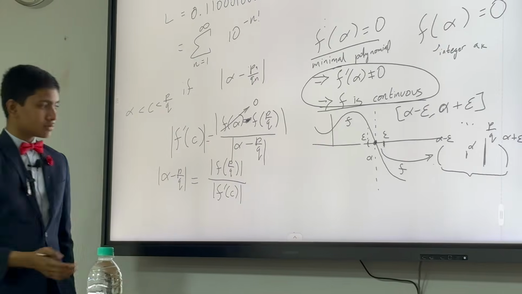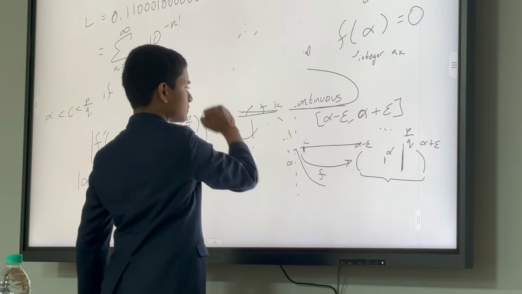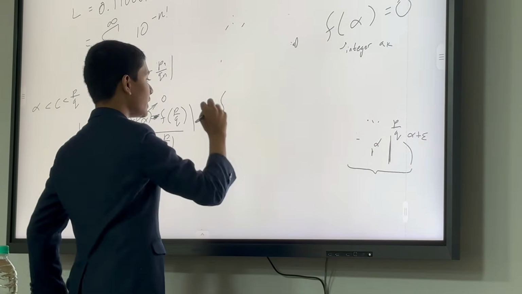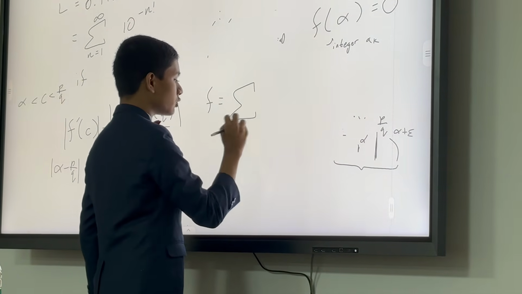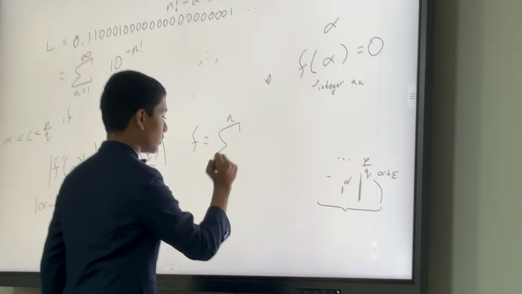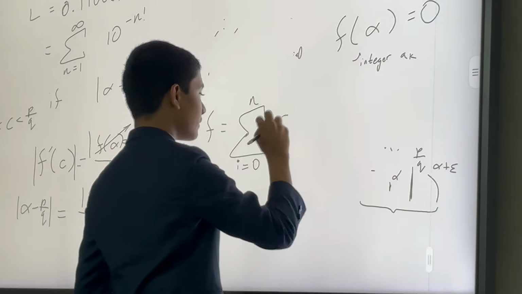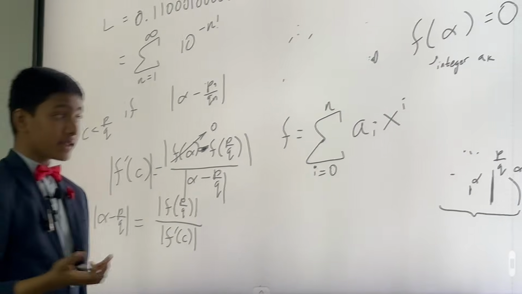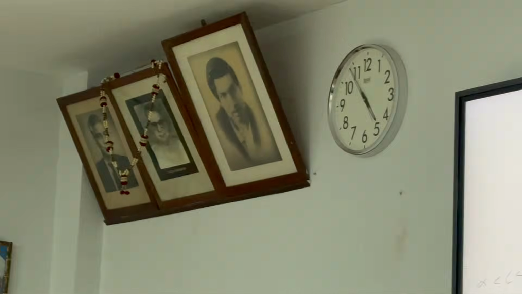And now, what is f of p over q? Well, consider that since f can be written as some polynomial, let's say from i equals 1 to, let's say it has degree n, or i equals 0, that's what a polynomial looks like, of a_i x to the i, then if we plug in p over q, we get a_i p to the i q to the minus i.